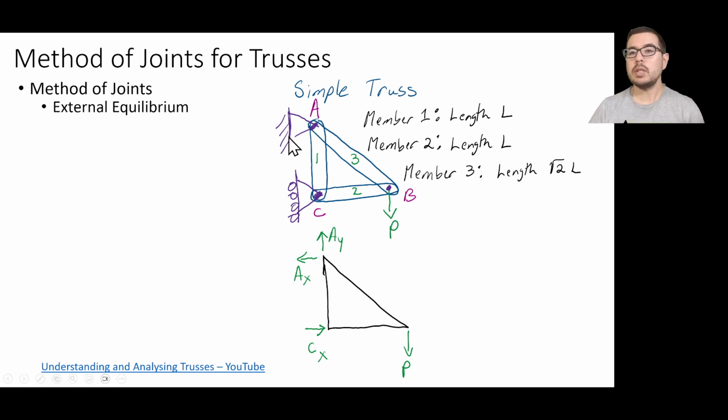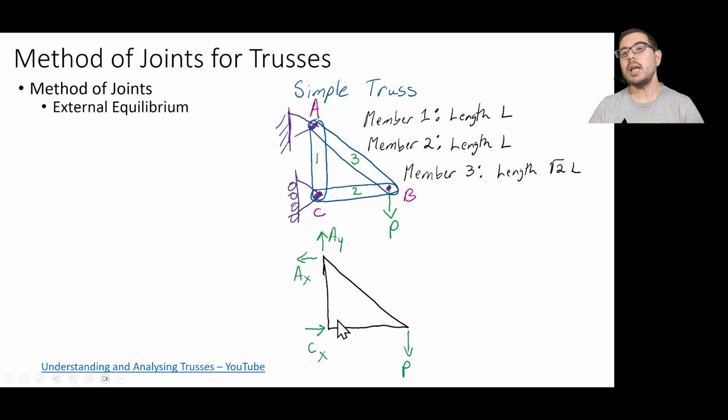Up here, this is a pinned constraint, so it doesn't allow this joint at location A to move up and down, but over here we have a point C which is on a roller or sliding constraint that would allow it to move up and down, and then we have a load externally applied, P, at point B. So those are the three locations where we can draw vectors associated with external forces on the system. You see here we have an AY and AX and a CX and a P.